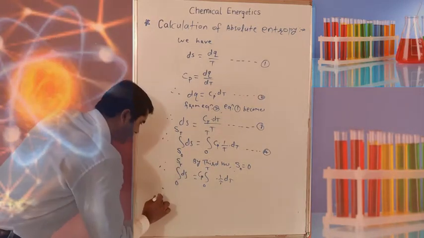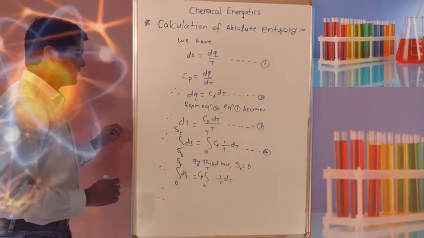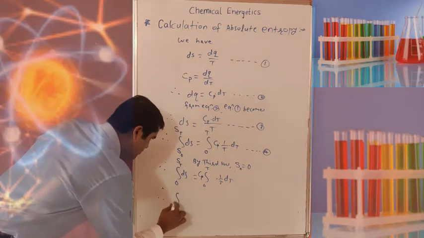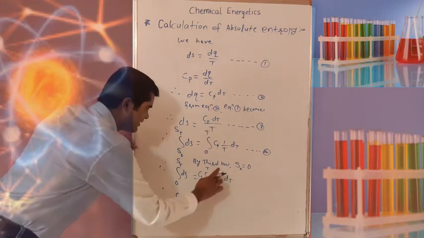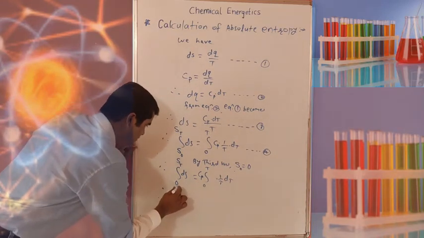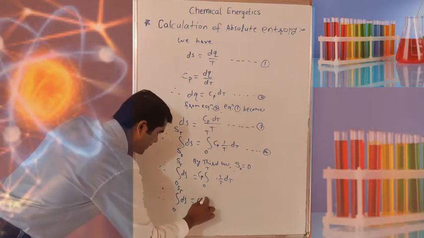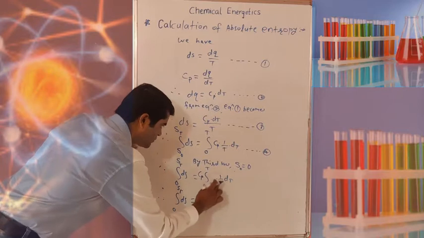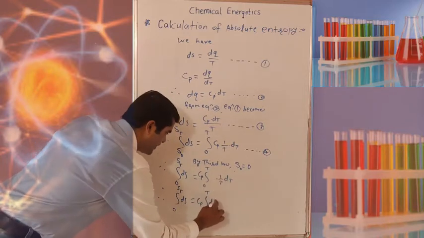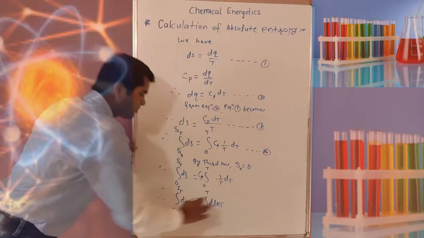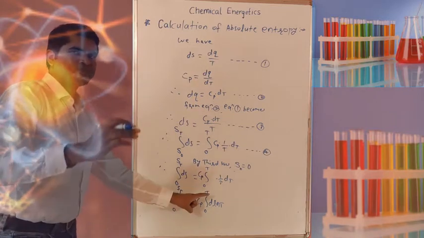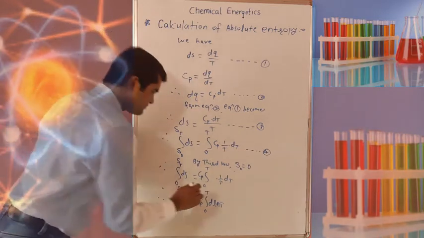Now you can take the integration directly, or there is one more thing: 1 upon T dT means d ln T. d ln T means the derivative of ln T, and the derivative of ln T is 1 upon T into dT.